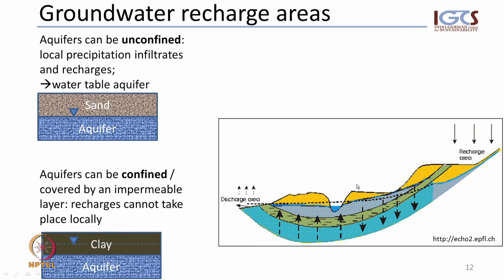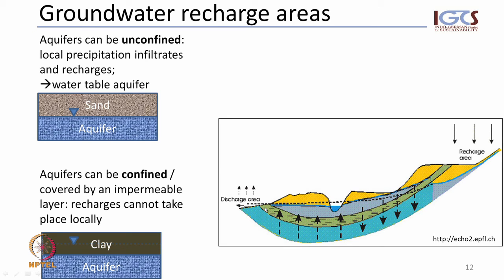Now, this model here shows us how this occurs, and we have in this case a river system here. We have a permeable layer here, and an aquifer system which discharges water into the river, and the river itself also recharges the groundwater at some times.